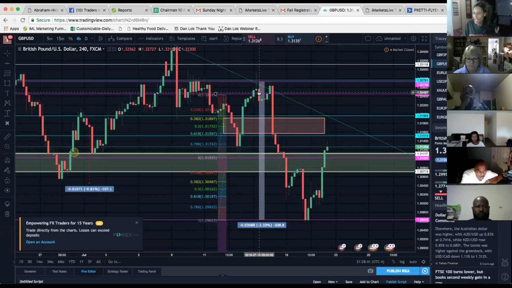Y'all understand that? The Fibonacci is nothing but percentages, right? From here to here, 50% is the halfway point, right? 38 is 38% of the distance. 61.8% of the distance. 78.6% of the distance, right? 100%.